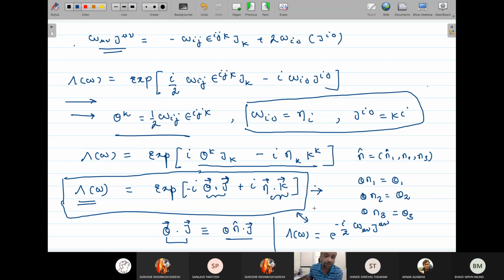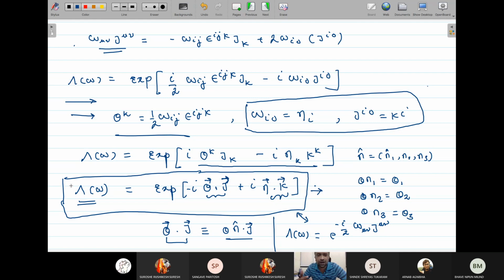But now when we go to quantum mechanics, we have to see different representations of the Lorentz transformations, and there we need this form. We cannot just talk in terms of coordinates.